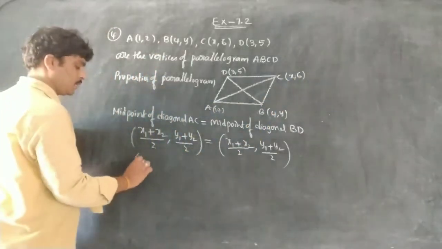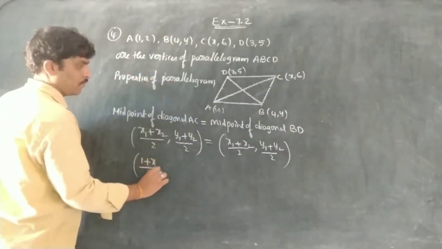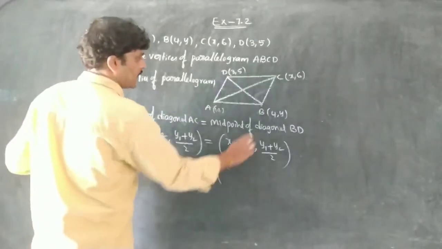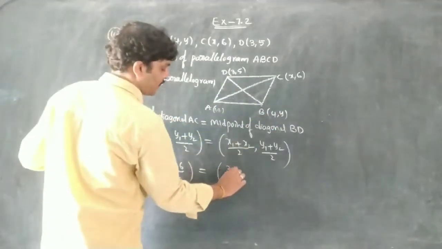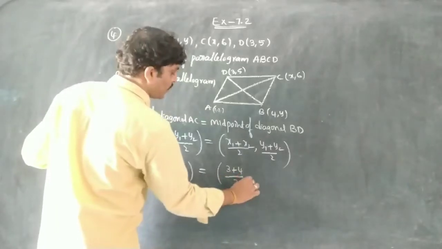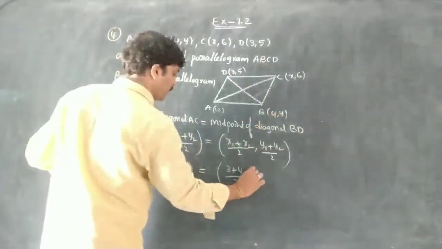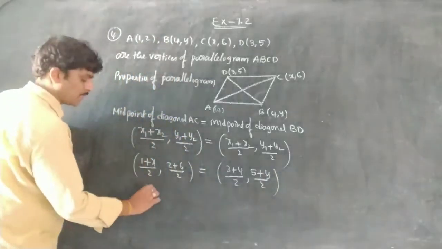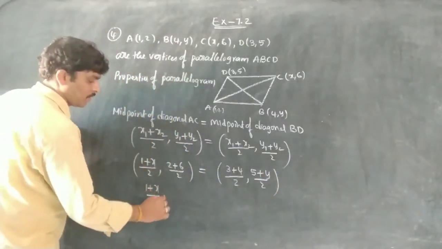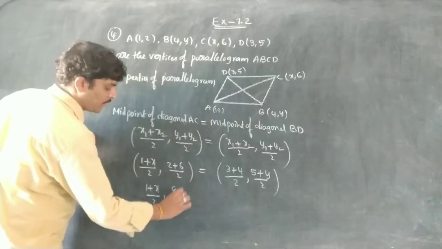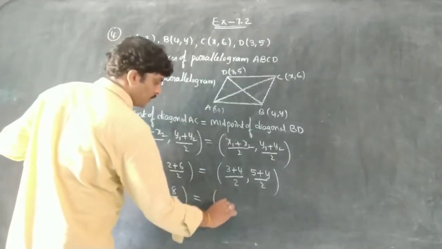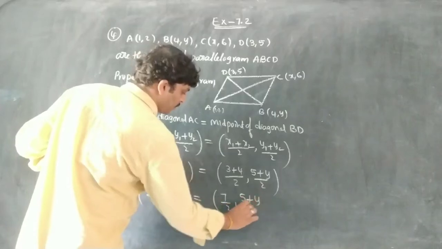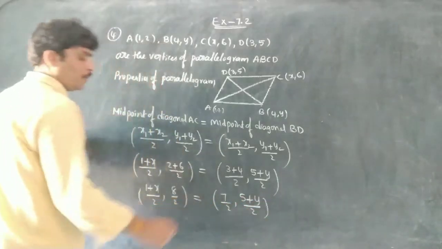So it is written as 1 plus x by 2, 2 plus 6 by 2, and on this side 4 plus 3 by 2, 5 plus y by 2. Now 1 plus x, 2 plus 6 means 8 by 2, 3 plus 4, 7 by 2, 5 plus y by 2. Okay, now these 2 points are equal.